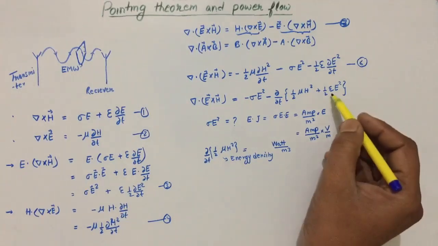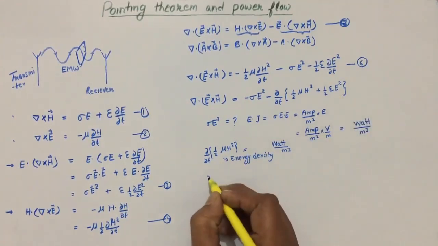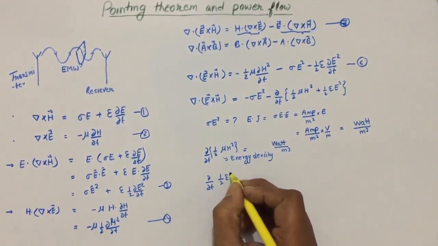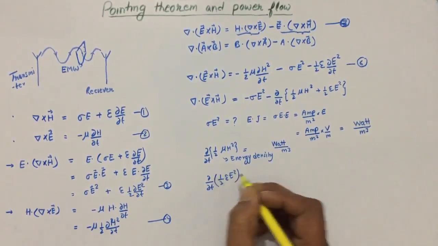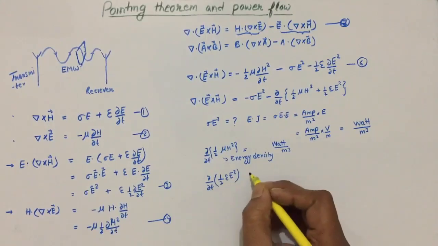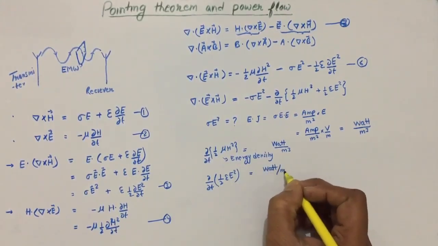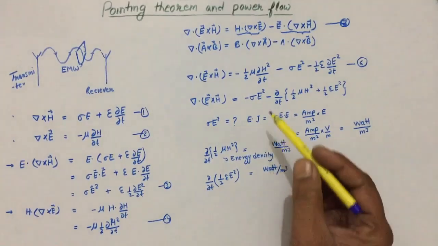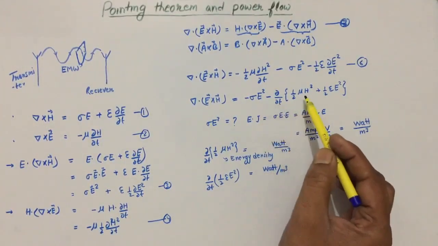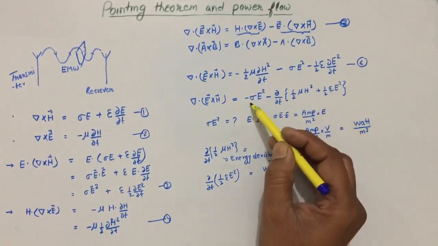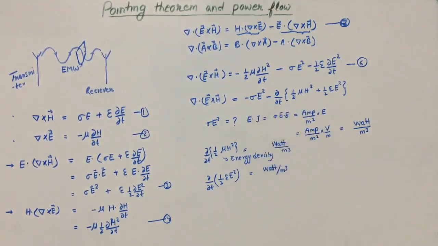Similarly, electrical energy density divided by time will be electrical power density, that is watt per meter cube. In this way we find this is the power density and this is the power density. So what do we find from here?